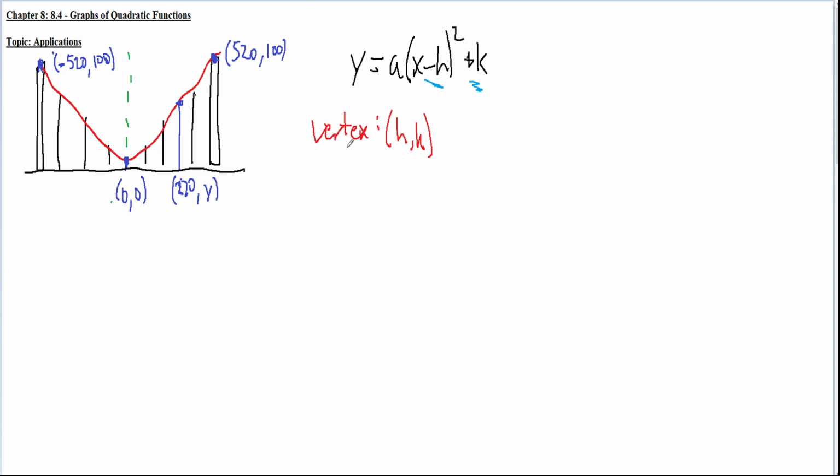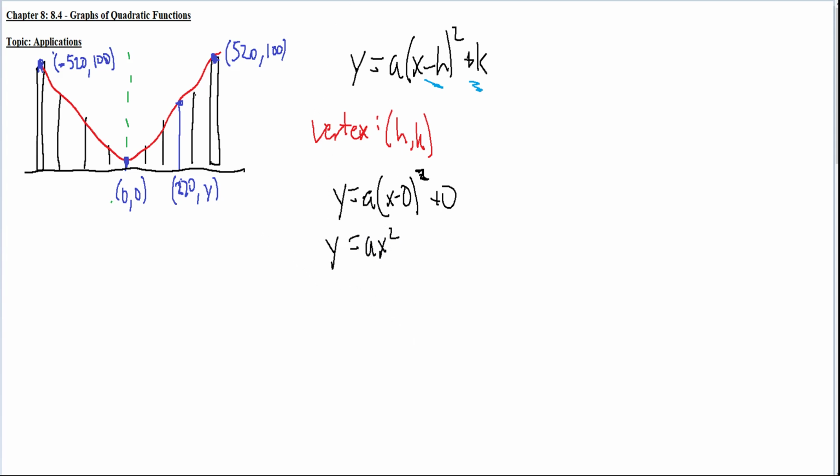Or rather, that's where the vertex occurs. And so since that's 0, 0, all we have to do is just plug in those two values. So we have a times x minus 0 squared plus 0. And then this simply reduces to y is equal to a times x squared.